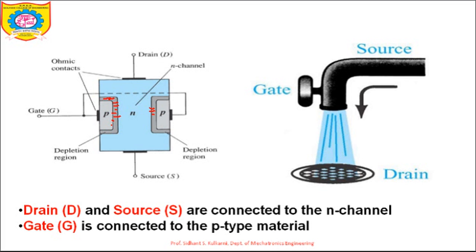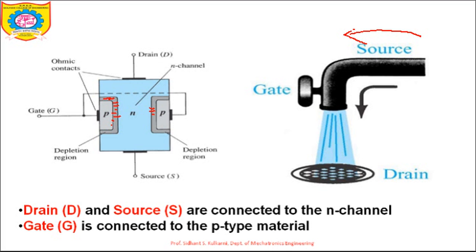Now to have an analogy, a real life example, let's say this is a source of water flow. The water will flow from this point to this point, and gate is just like a tap which controls the flow of water coming from the source to the drain. Let's say our sink is there.